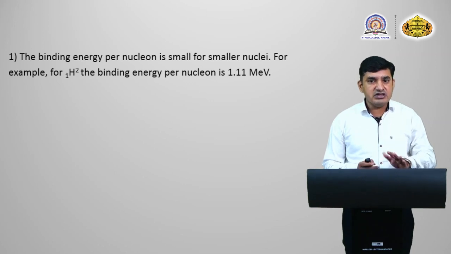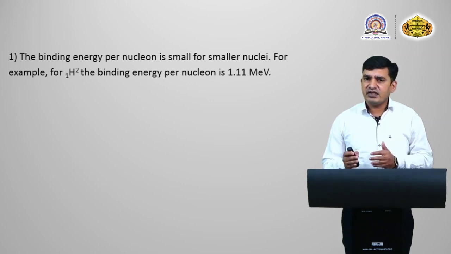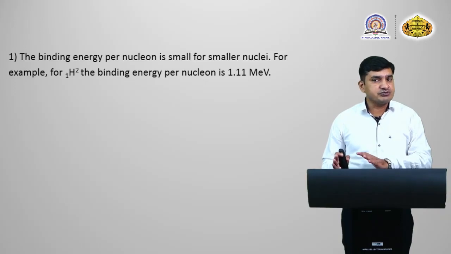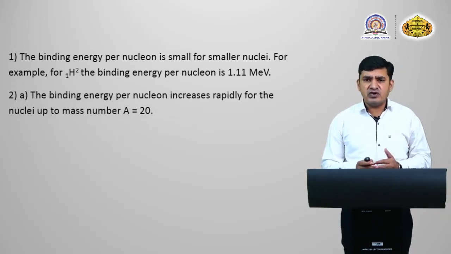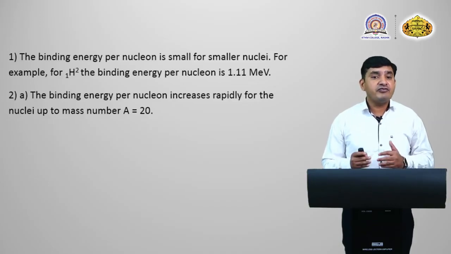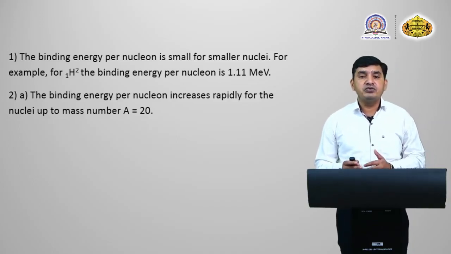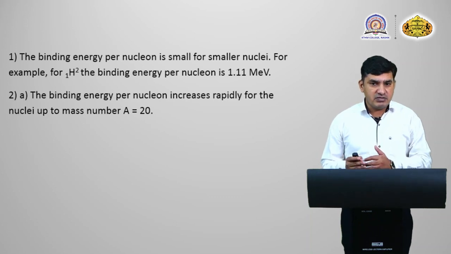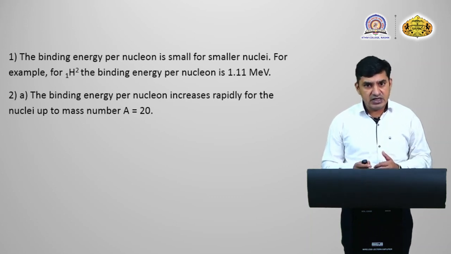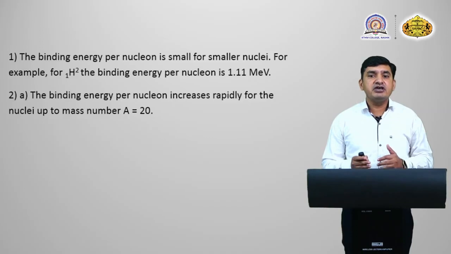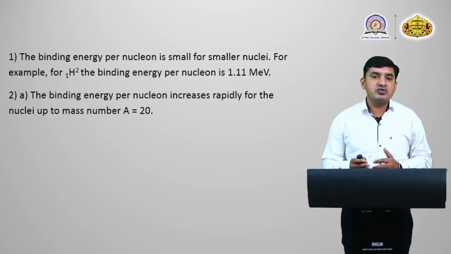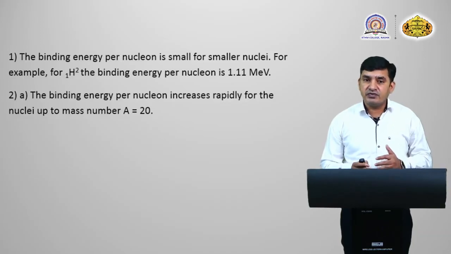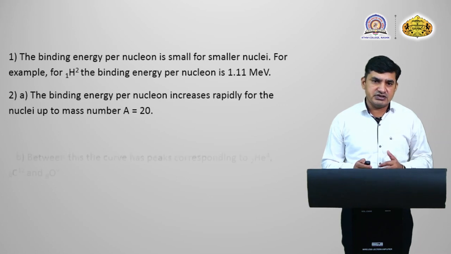Then the binding energy per nucleon increases rapidly for nuclei up to mass number 20. This is the second feature of the binding energy curve.